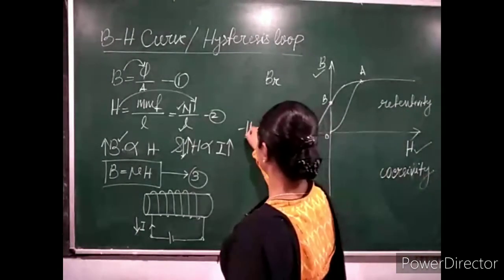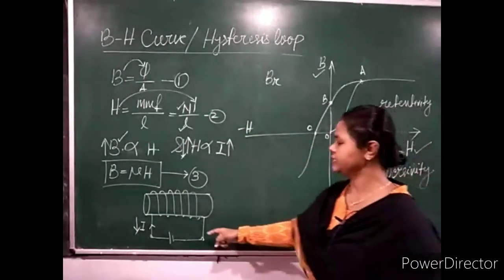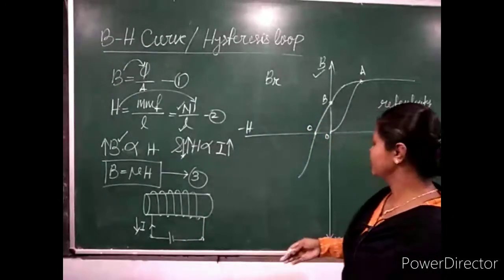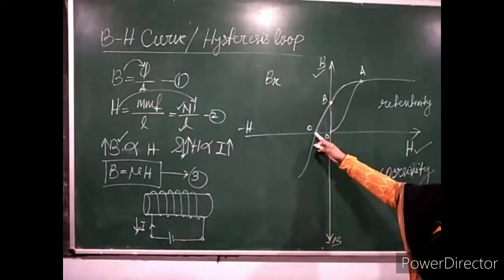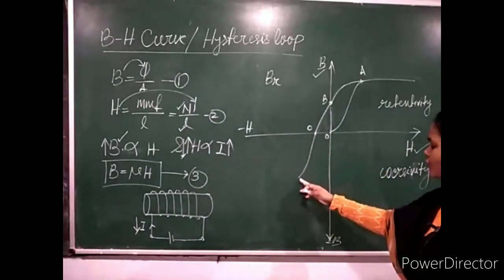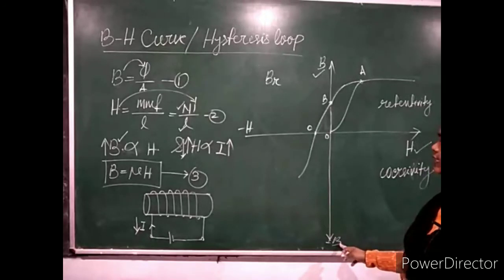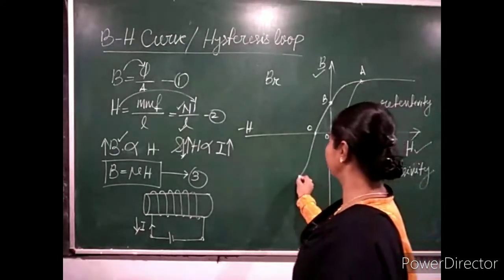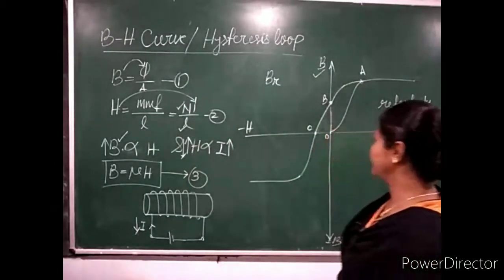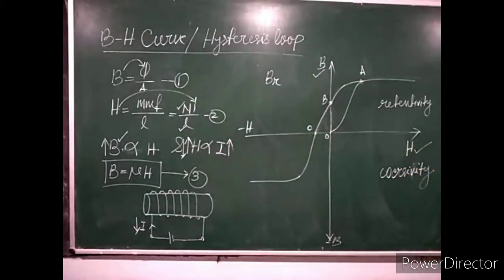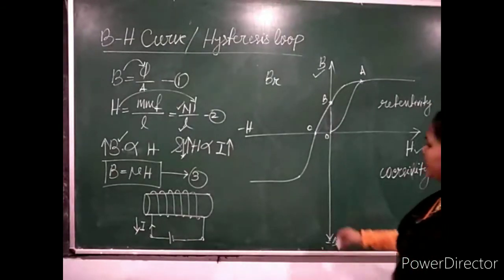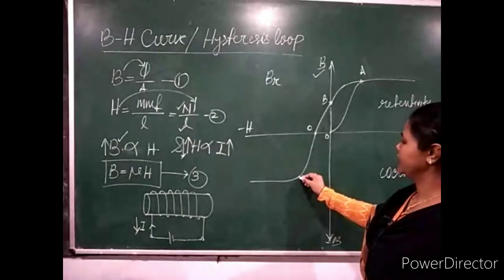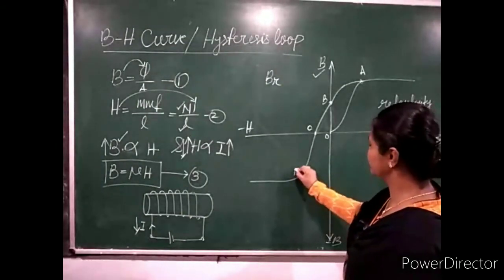This is minus H. As the flux intensity increases, simultaneously flux density also increases, and after some time it saturates. We get a saturation. And if you decrease the current, let this point be D.